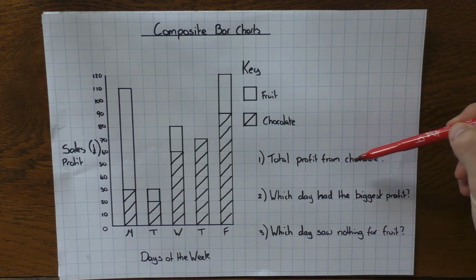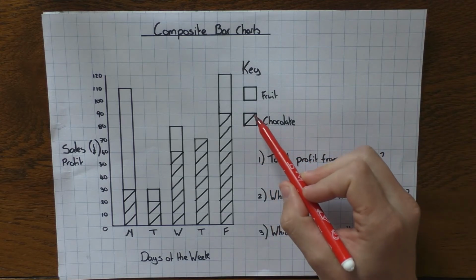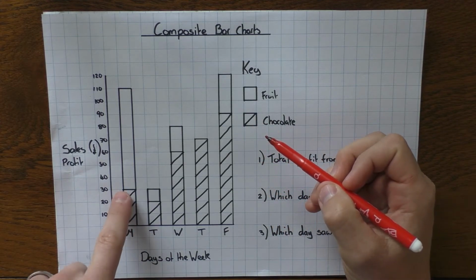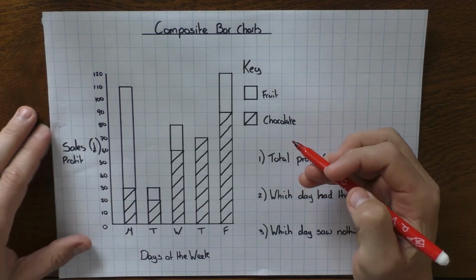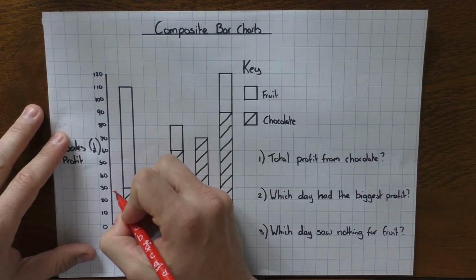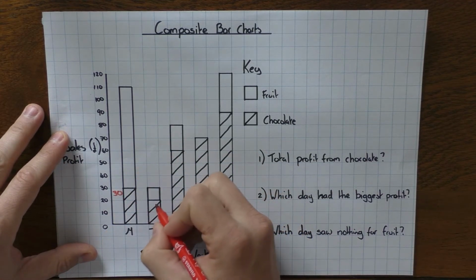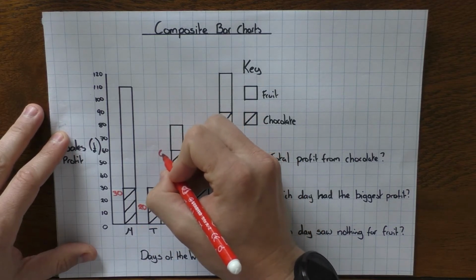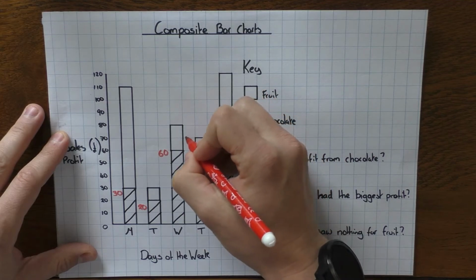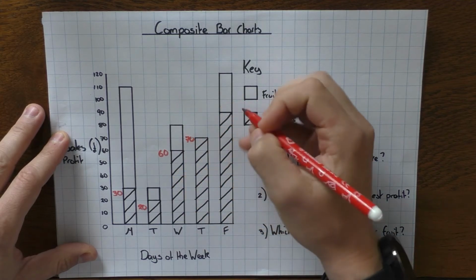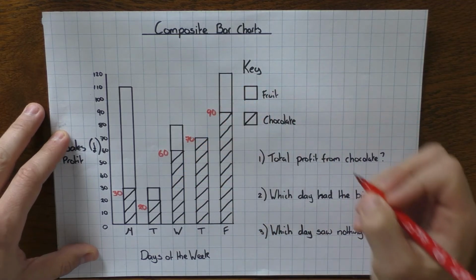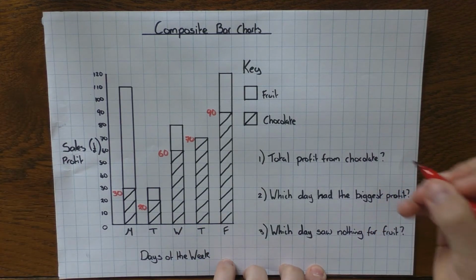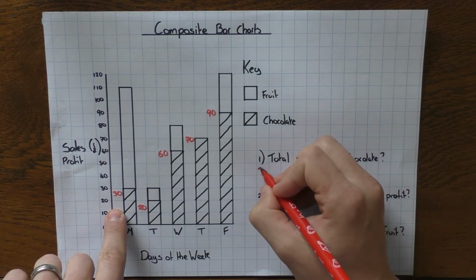So total profit from the chocolate. So the chocolate is the square with a line through it. So I'm just looking at each of these. So just like with the other one, I'm just going to put the totals for each bit. So that's 30. This one here is 20. This one is 60. This one is 70. And this one is 90. Okay, so again, total profit from the chocolate, add all these up.